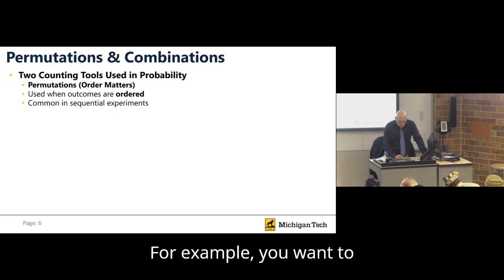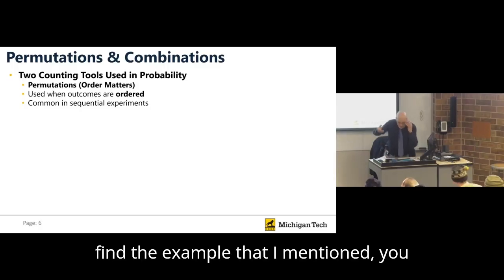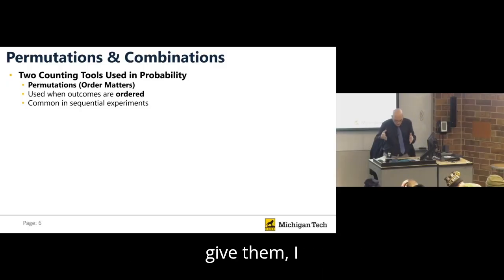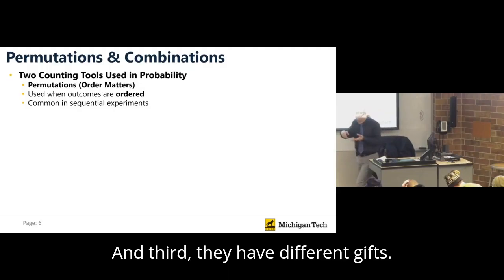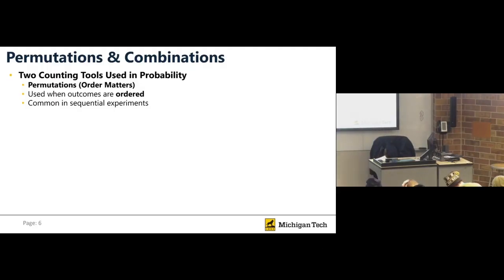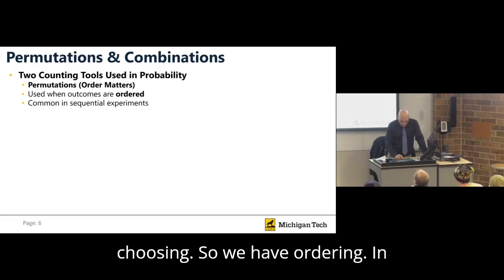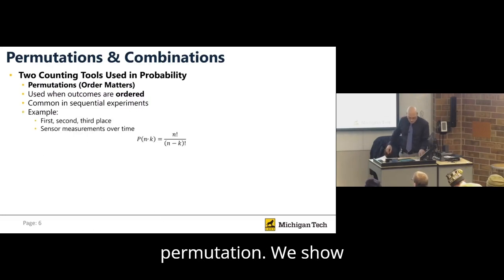For example, you want to choose 3 people and give them a gift, but first, second, and third have different gifts. The first is better. So this type of choosing is ordered choosing. So we have ordering. In ordering, we use permutation.